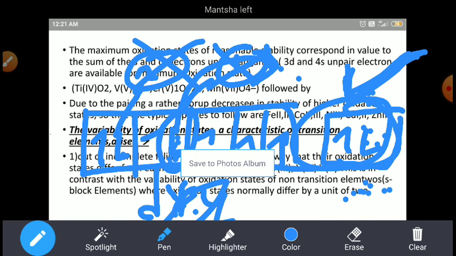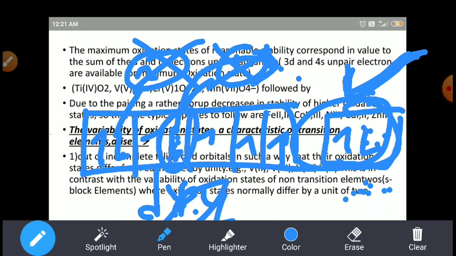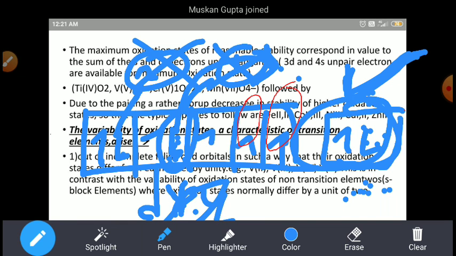Due to the large energy requirement, they never participate in the bonding. Okay, hardly do we have to remove.